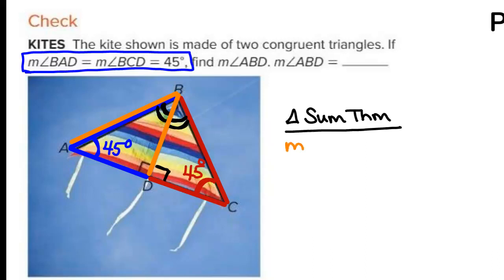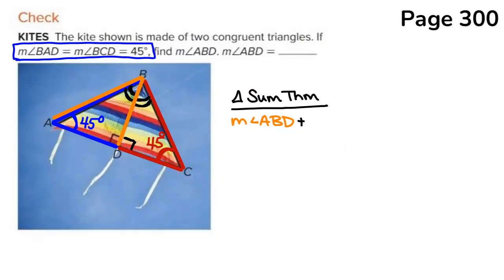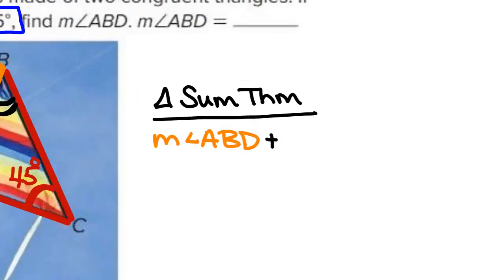The measurement that I'm looking for of angle ABD plus what? What are my other two angles that are inside that triangle? 45 degrees and 90 degrees. Thank you. Has to add up to 180.